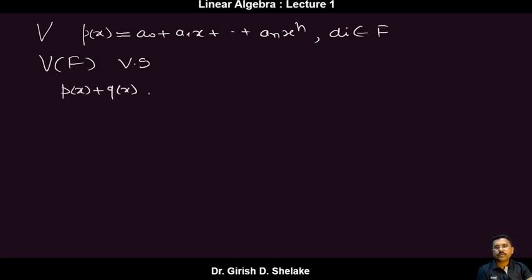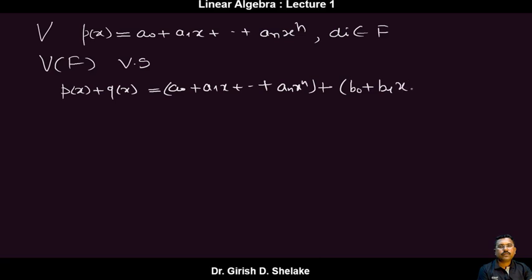We have two polynomials. Suppose this is a polynomial p of x, a naught plus a1x plus, and so on, an x raised to n, and another polynomial is q of x, b naught plus b1 into x plus, and so on, bn into x raised to n.